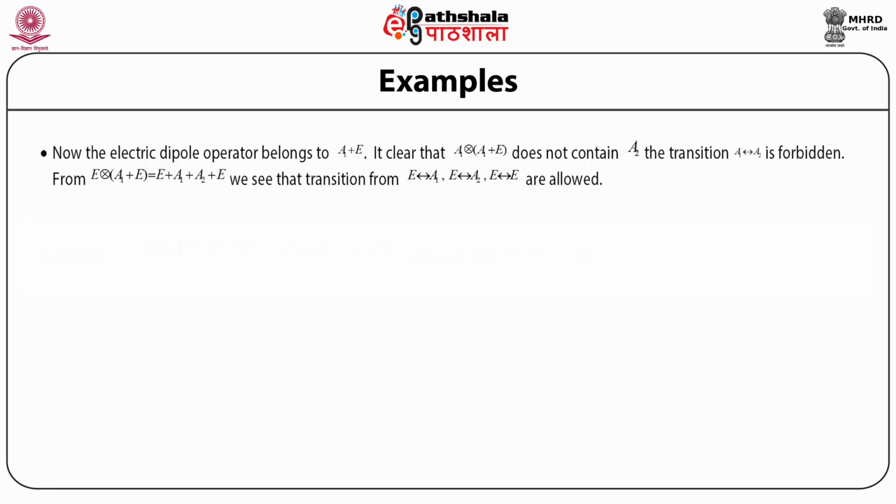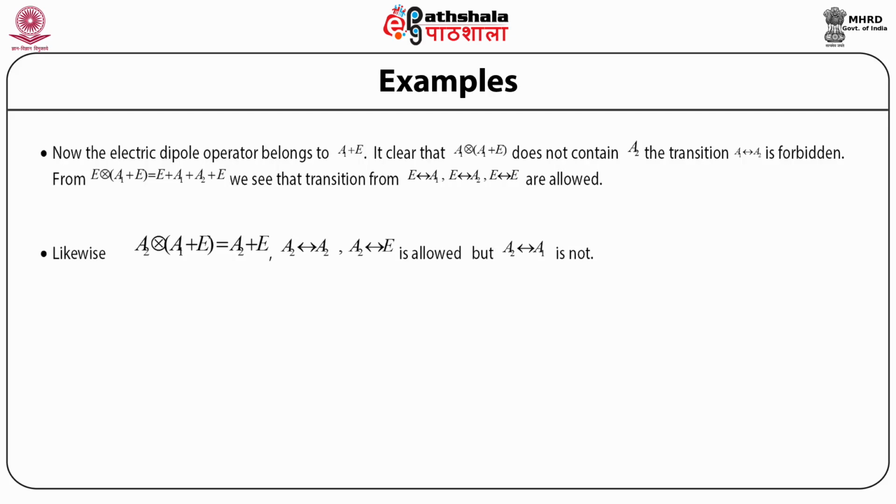From E cross (A1 plus E), which is equal to E plus A1 plus A2 plus E, we see that the transitions from E to A1, E to A2, as well as from E to itself are all allowed.